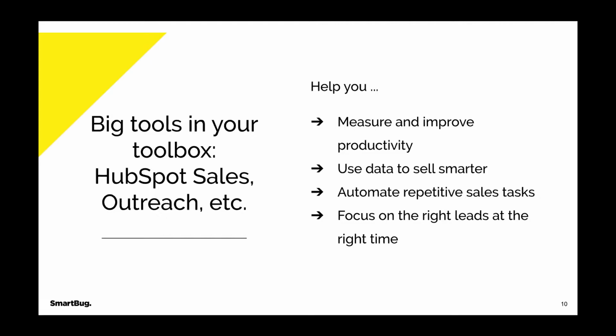So these are tools with really rich feature sets that are going to help you cover a lot of ground and really help your team prioritize focus in the right area. And when you start implementing some of these things, that's really where you see some next level sales enablement activity happening.